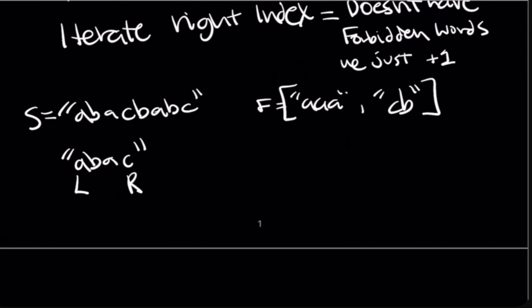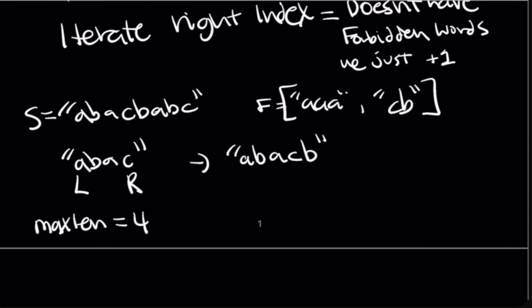Then we know that so far the max length is 4. And then we go to the next substring, which is ABACB. And we notice that CB is indeed in the substring where the left and right indices are at such.